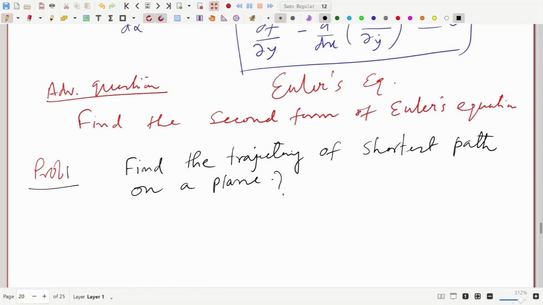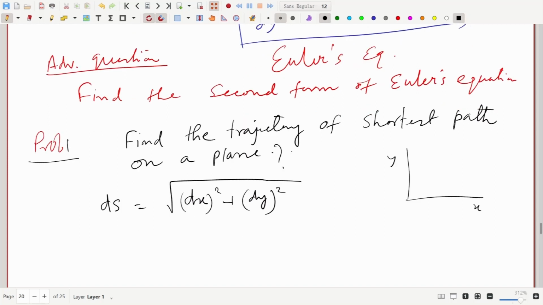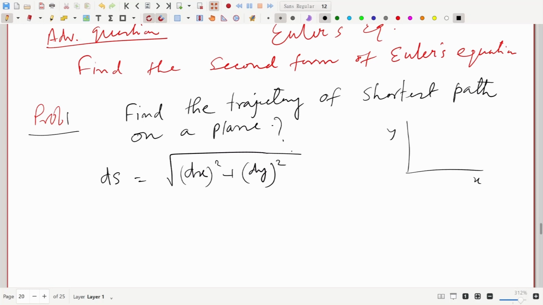Okay, so let us take the distance element in the plane. We can write ds as the square root of dx squared plus dy squared. I characterize my plane by x and y. So the distance element I can write as the square root of this, and then the total distance between the points: you are moving from a point, say x1, y1 to x2, y2.